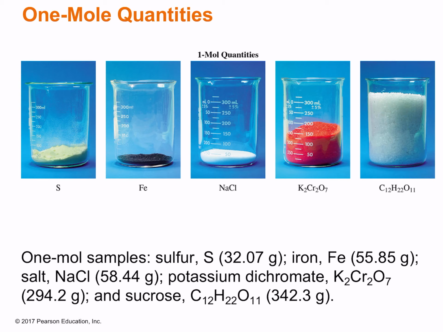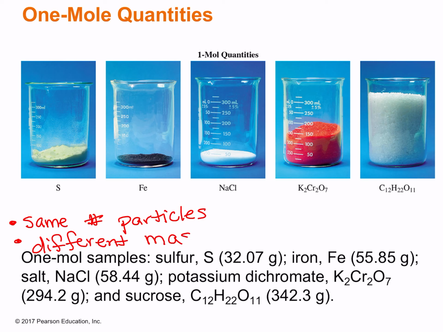So it has the same number of particles, right? Same number of particles, but they have different masses, right? So same number of particles, but different masses. Okay, so again, 1 mole is just telling you this is 6.022 times 10 to the 23rd particles.